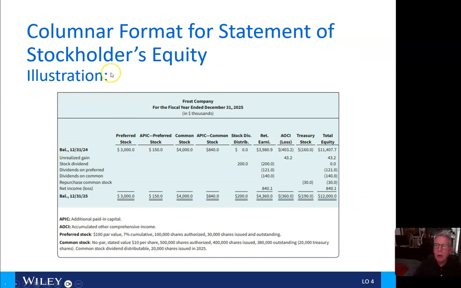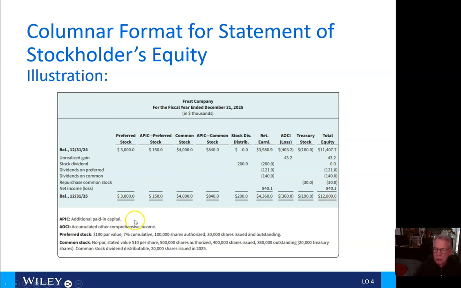All right, so now if I look at stockholders' equity in a columnar format, here we have our preferred stock, our common stock, dividend distributable, retained earnings, accumulated other comprehensive income, treasury stock, and finally we get down to the $12 million here in equity.